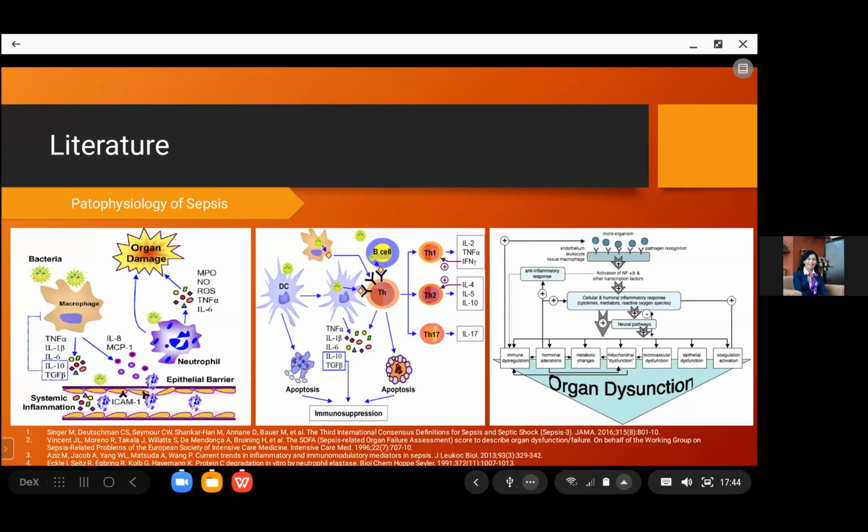Macrophages can also act as antigen-presenting cells to process and present pathogens to T cells and promote their activation and differentiation. Dendritic cells can also be activated by pathogens to trigger innate immunity by producing pro- and anti-inflammatory cytokines. And in sepsis, immune cells undergo apoptosis, leading to an immunosuppressive environment.